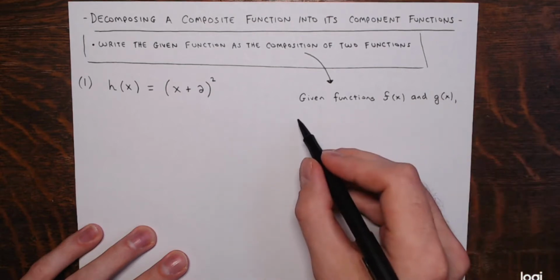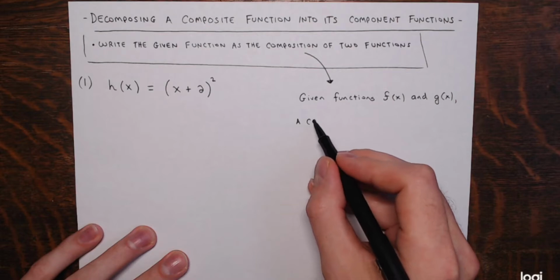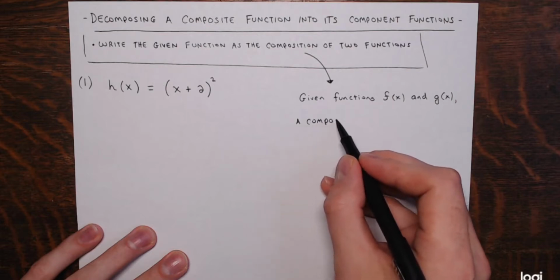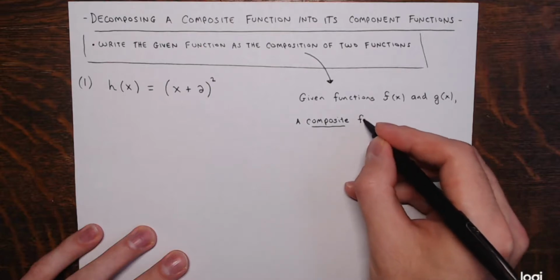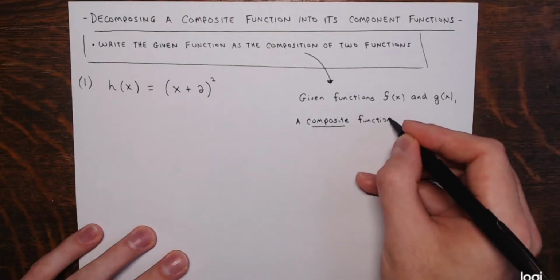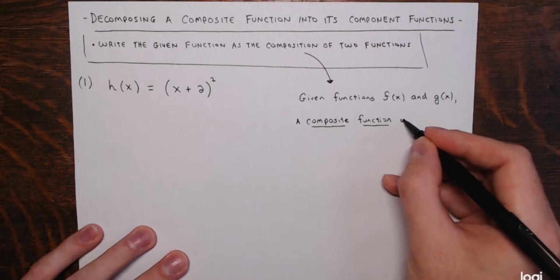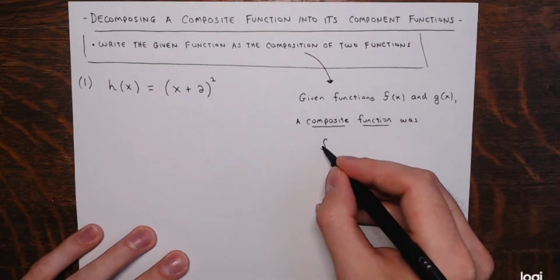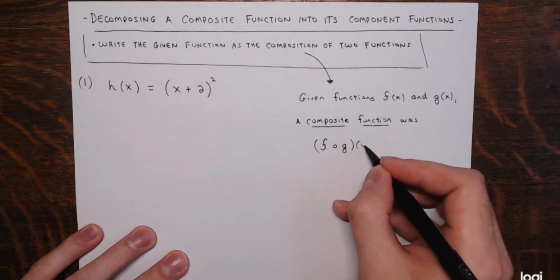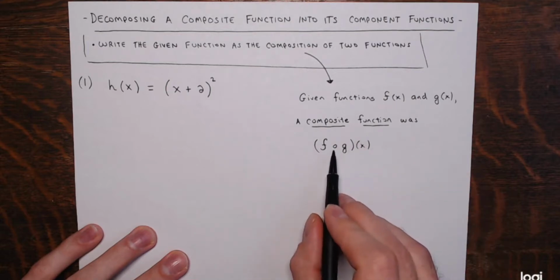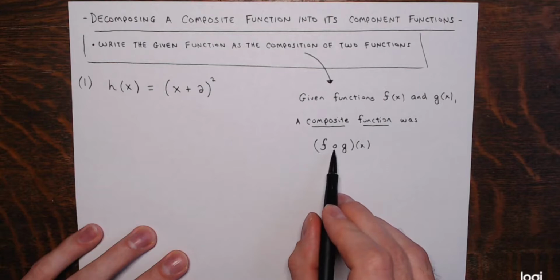A composite function that you could make is f composed with g of x, with this little O symbol, the composed with symbol or composition operator.